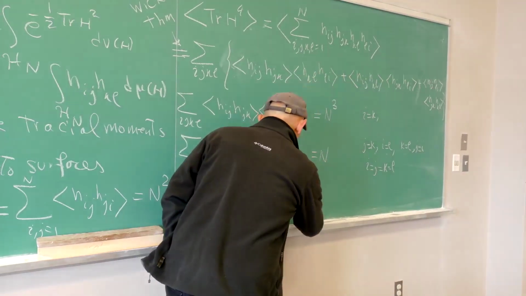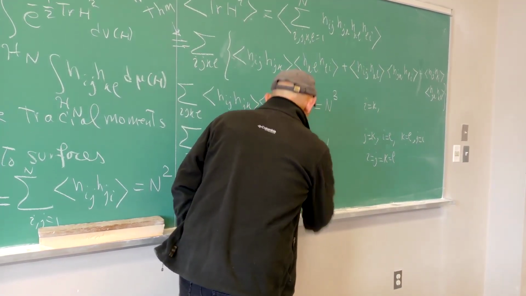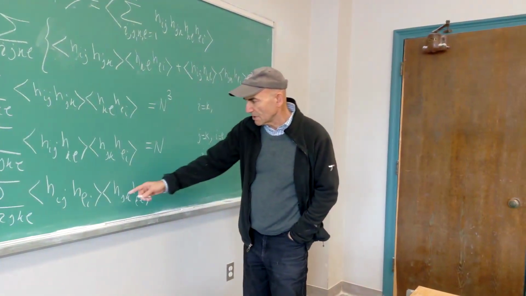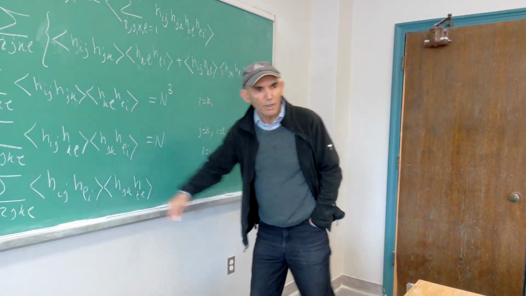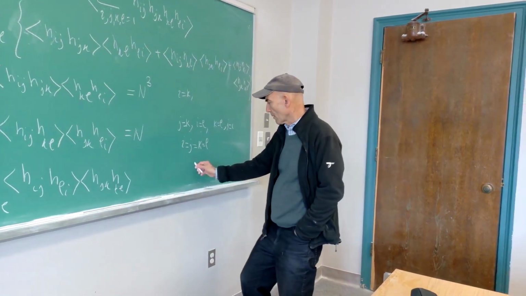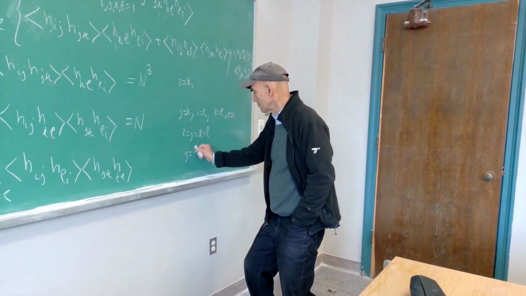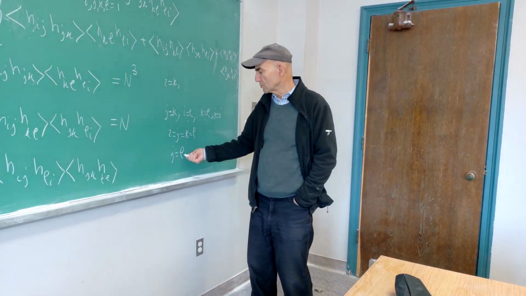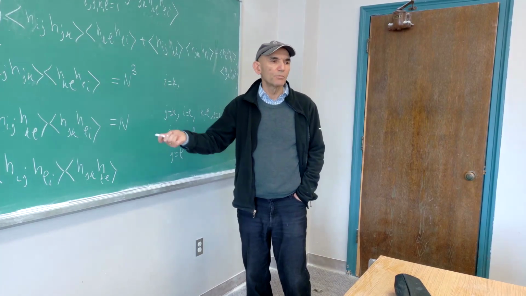But this time, this is non-zero if J is equal to L. There's only one condition, J equal to L. So the other parameters can all be free.